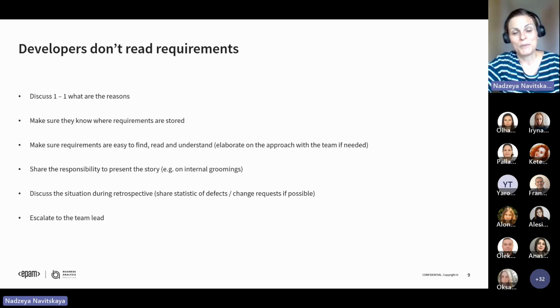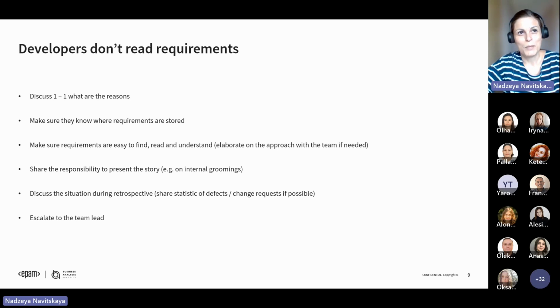But what you can do in this case, if it's possible, is try to discuss one-to-one what the reasons are that they don't read. Because sometimes, and this is like one of the next bullet points, it may appear that some developers don't know where requirements are stored.